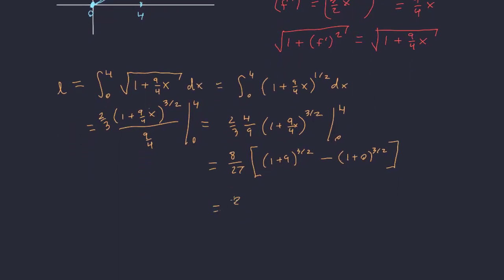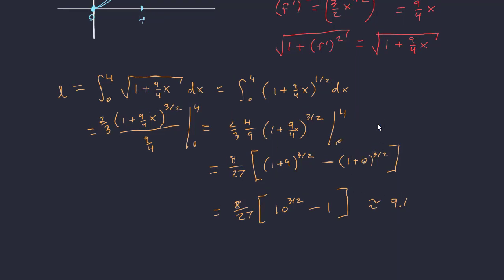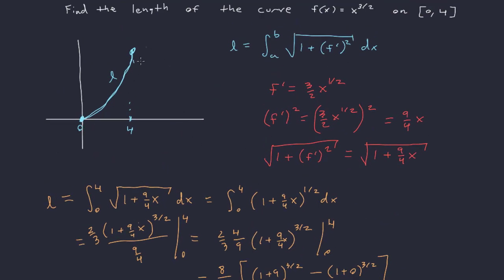Okay, so we'll get 8/27 times 10 to the 3/2 minus 1. So you can just leave this like this, if you're asked for an exact answer, I think that comes out to be about 9.1. So the length here is about 9 units.